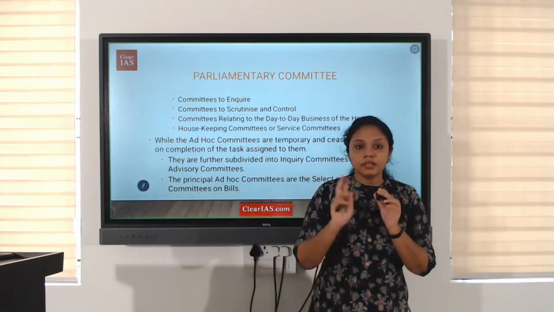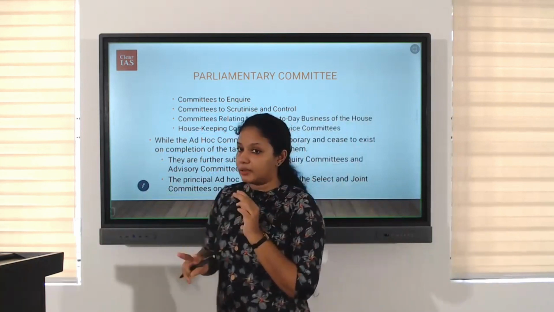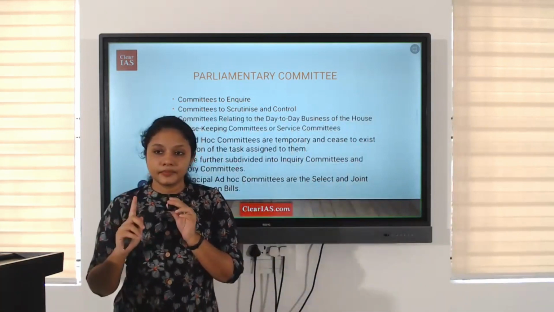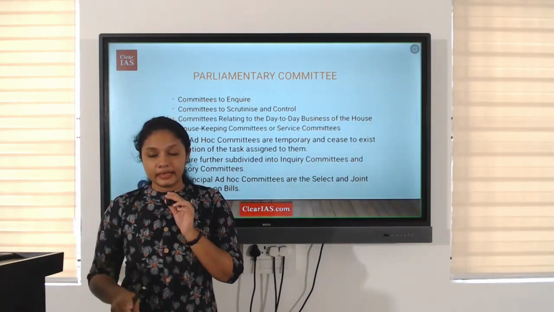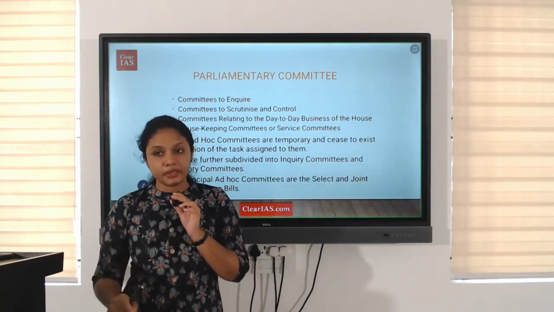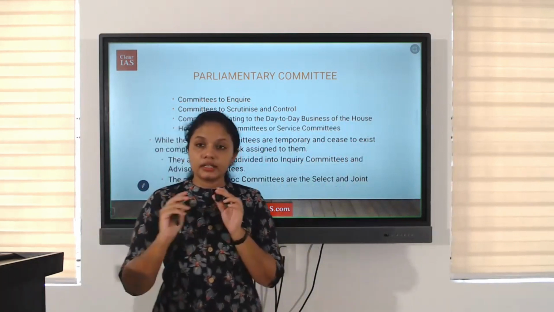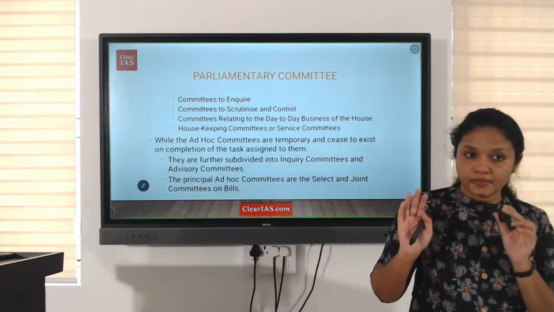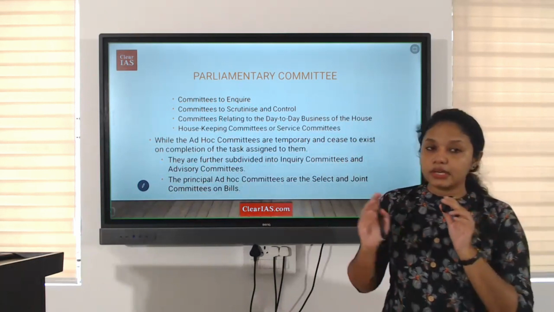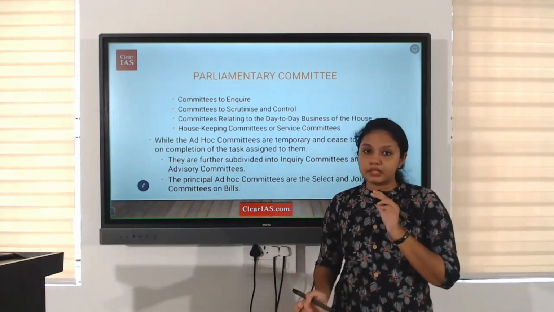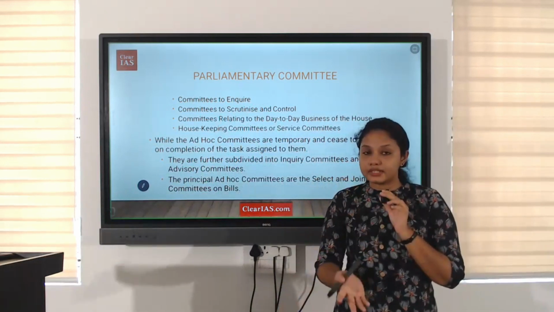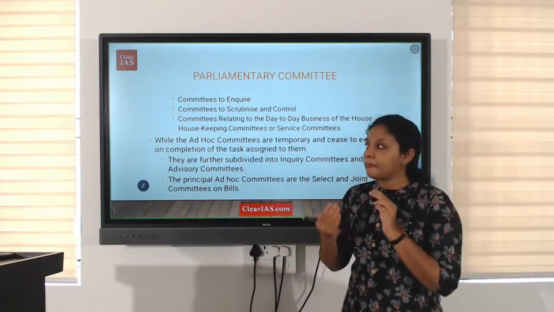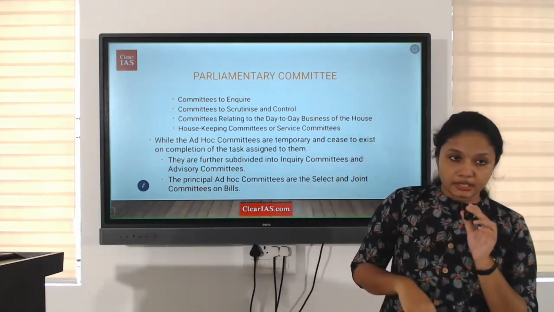So we talked about 2 types of parliamentary committees. One is standing committee. Standing committees are permanent committees. They work on a continuous basis. There are 6 categories of standing committees, which include inquiry committee, day-to-day business committees, then service committees, finance committees, and scrutinize and control committees.